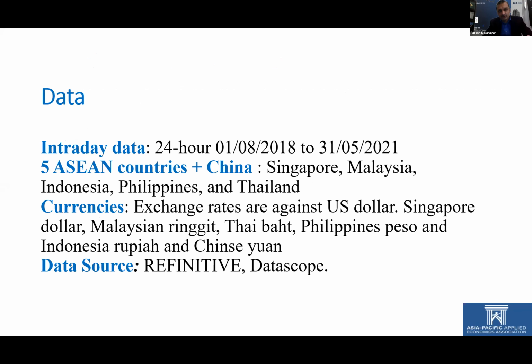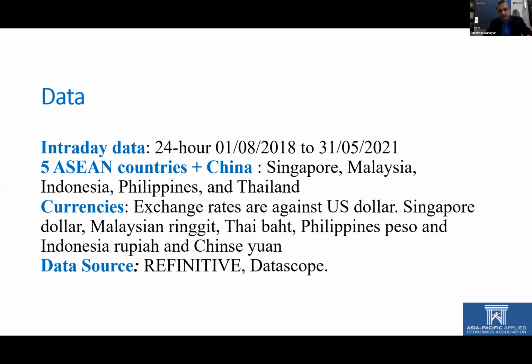Methodology is very straightforward. We use the Diebold and Yilmaz model to extract the relative importance of shocks. You can think of this like a variance decomposition where there are 2 components of interest. The first is how a shock in the exchange rate in a country affects its own exchange rate.